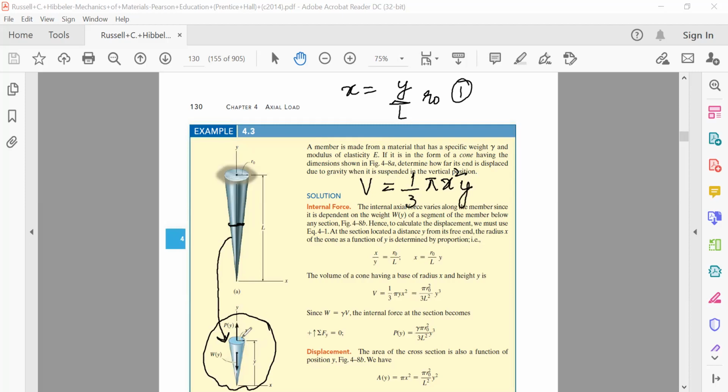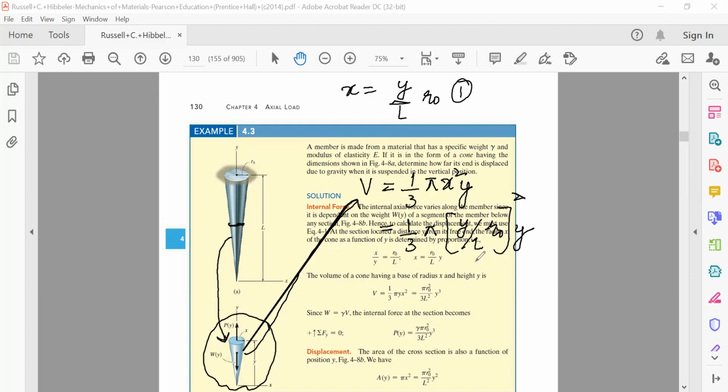Therefore the volume of this cone is equal to 1 by 3 pi x square into y. As far as x is concerned, x is equal to y by L into r naught, we are having the square, and we have our own y.